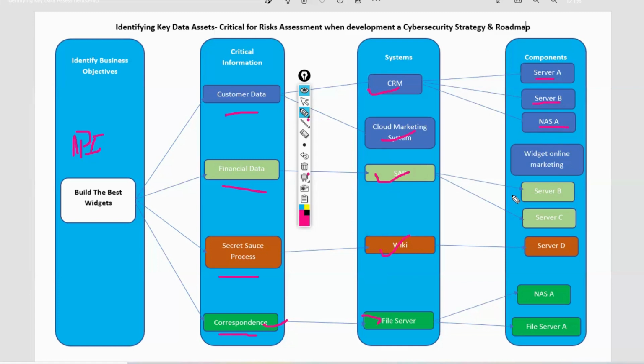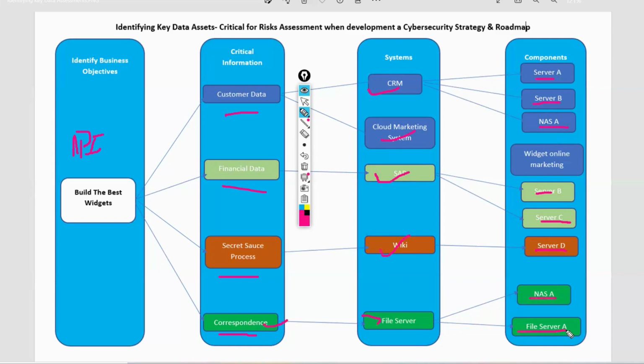So your SAP information is also stored on server A, in this case server B, and a portion of it is stored on server C, and your wiki resides on server D, and your file server resides on your NAS.